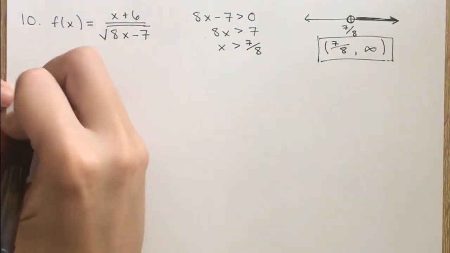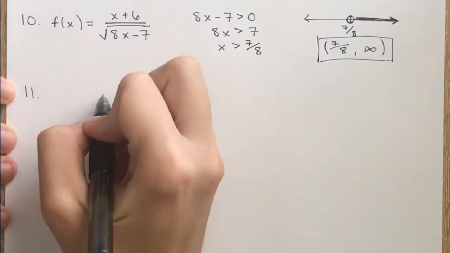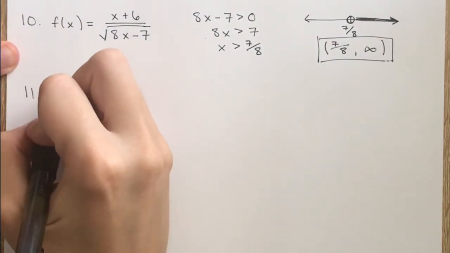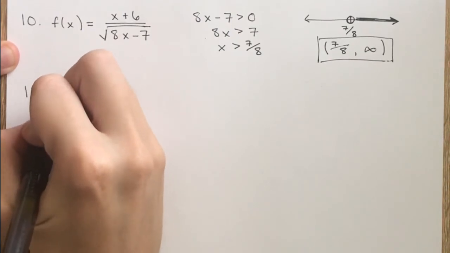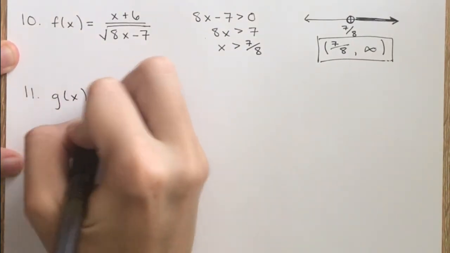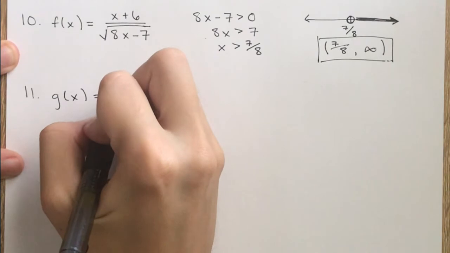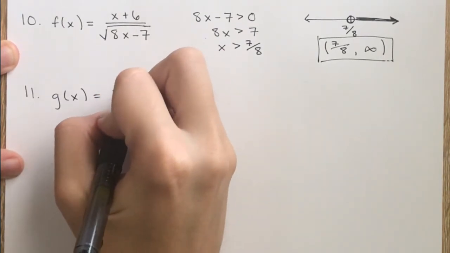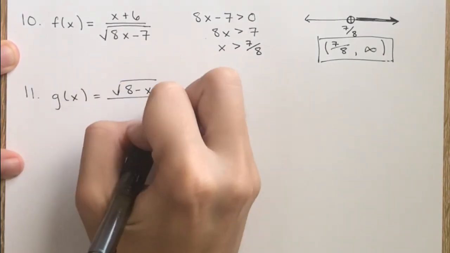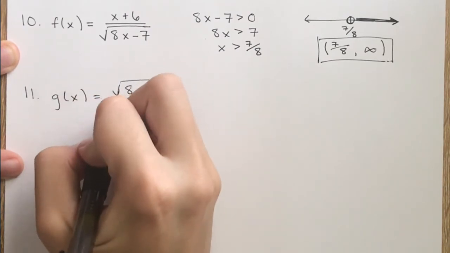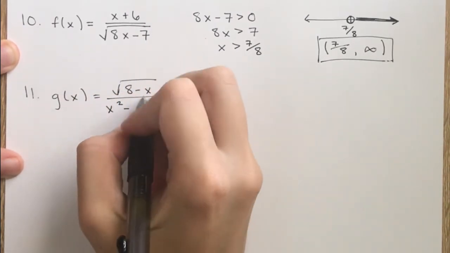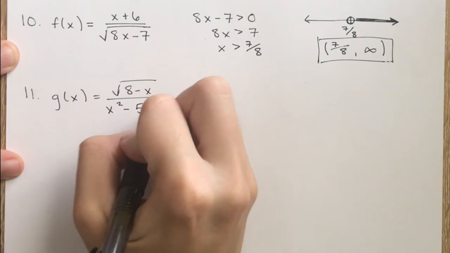Okay, let's look at number 11. So with this one, we've got g of x is the square root of 8 minus x over x squared minus 5x plus 6.